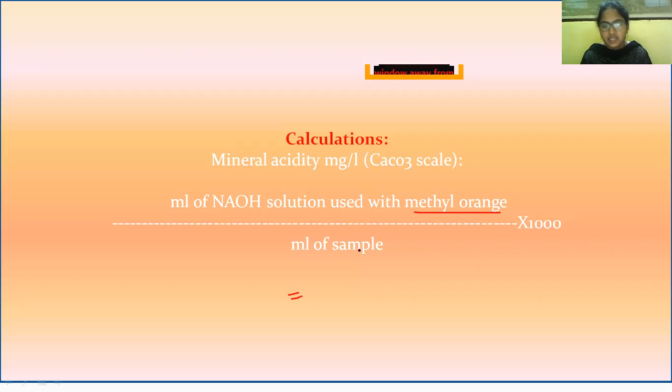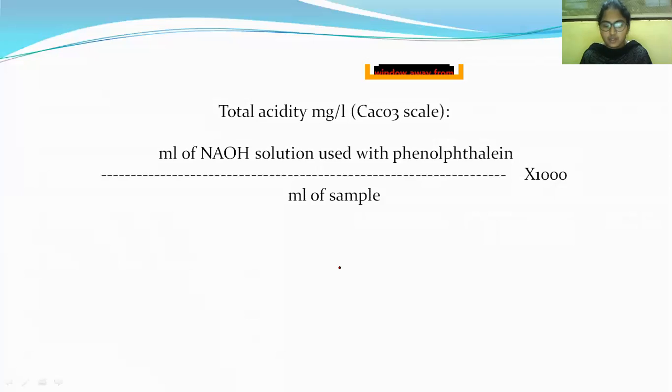So mineral acidity is nil, and total acidity as CaCO3 is equal to ml of NaOH solution used with phenolphthalein indicator by ml of sample into 1000.